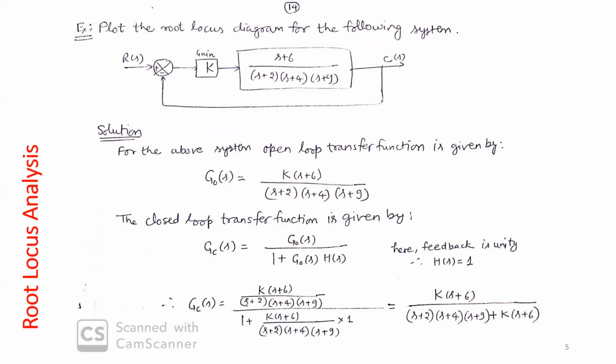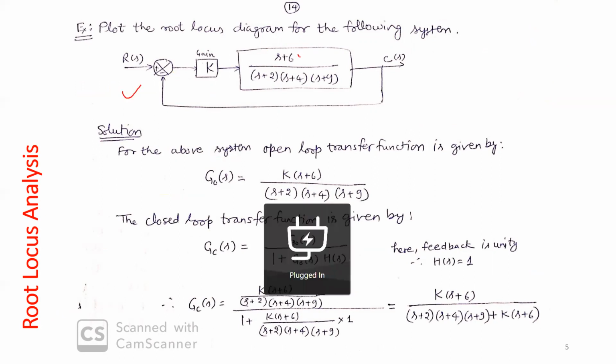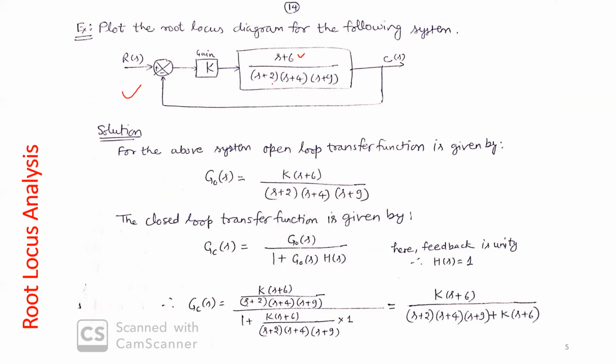Let's try to understand this problem where we have this system. The system transfer function is given by (s plus 1) divided by (s plus 2)(s plus 4)(s plus 9). This is the controller gain k, applied as the control input to our system in order to get some reference value R(s).